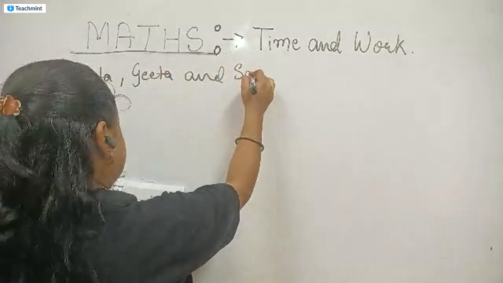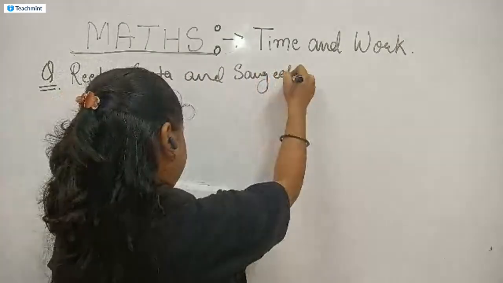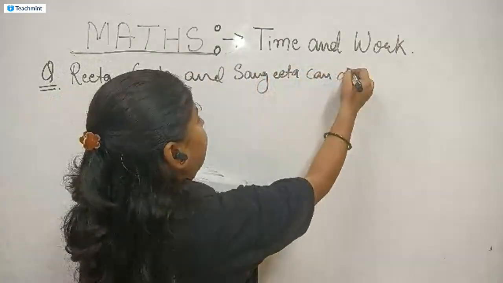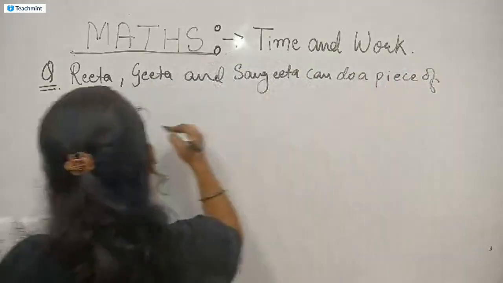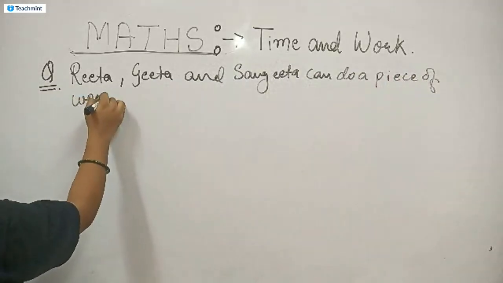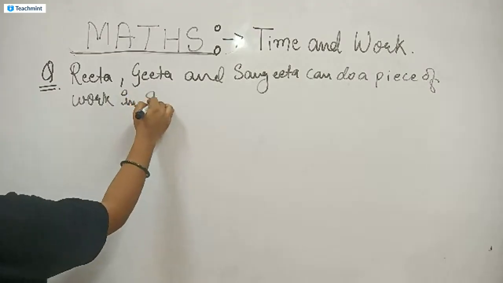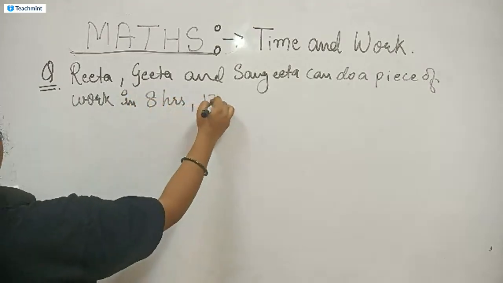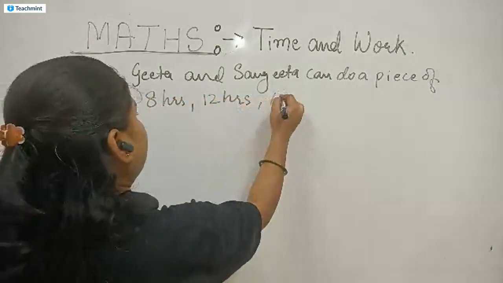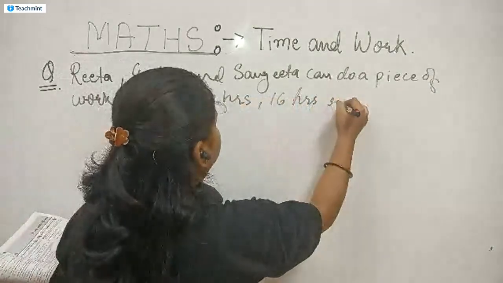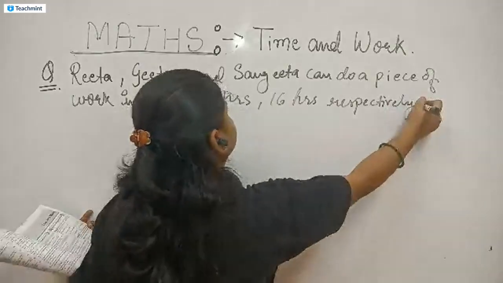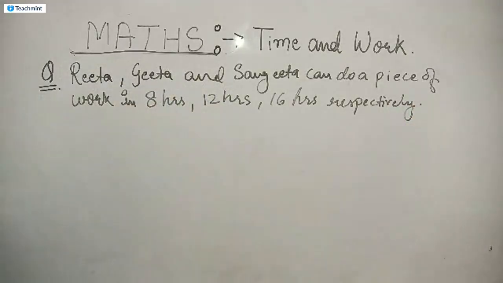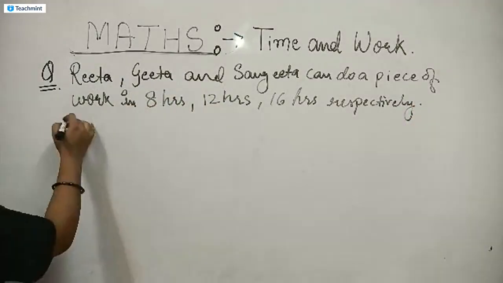Rita, Geeta and Sangeeta can do a piece of work in 8 hours, 12 hours, and 16 hours respectively.